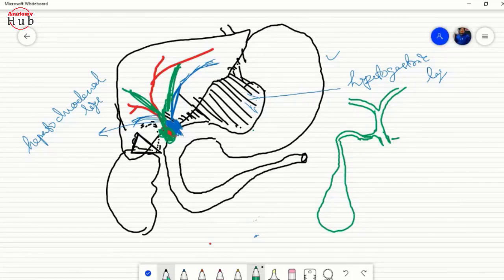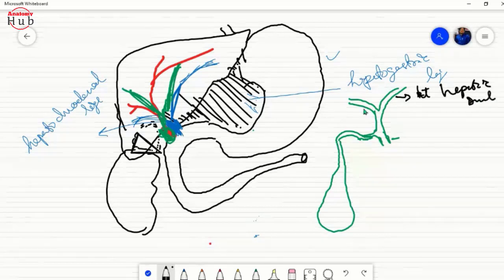So how will we name it? See, this is your right, it is left. No, it is the left hepatic duct, and this is the right hepatic duct.